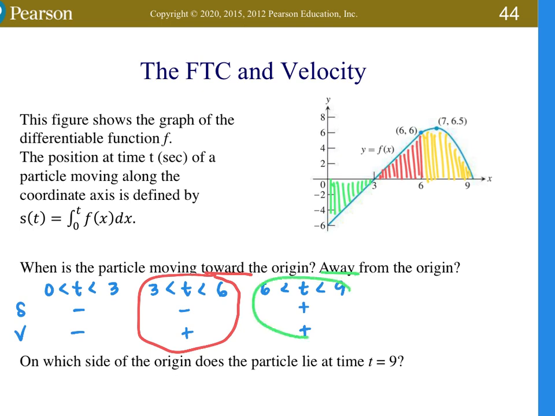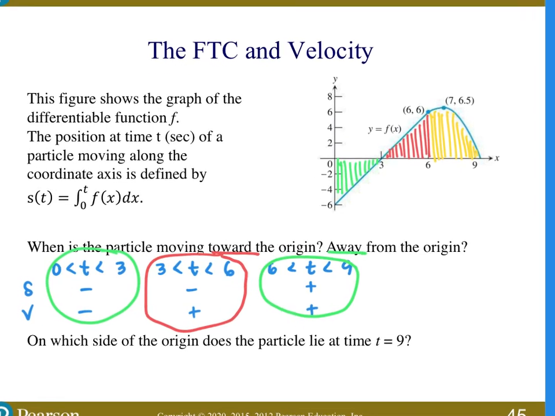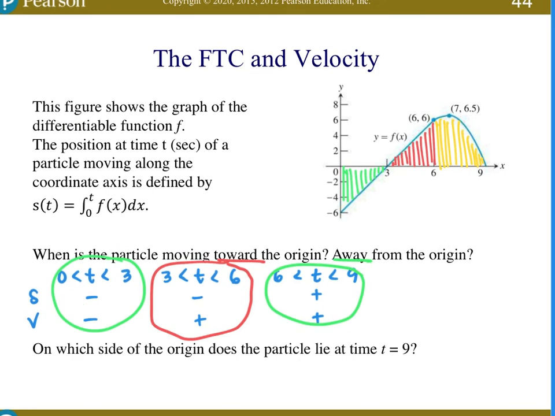So that would be both 6 to 9 and 0 to 3. On what side of the origin does the particle lie at time 9? Well, at the end of time 9, I have positive position and I have positive velocity, and so I'm on the positive side of the origin.